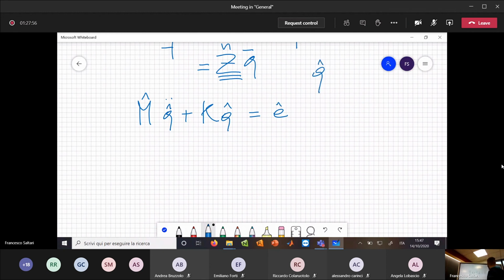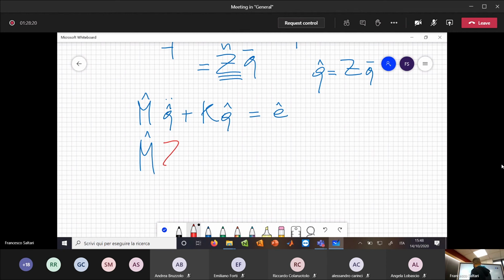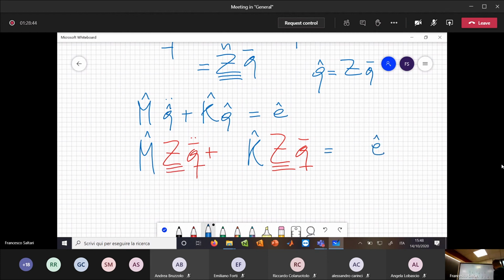Since q is equal to Z, capital Z, by modal q, we can write M by Z q bar double dot plus K multiplied by Z q equal to the external forces.